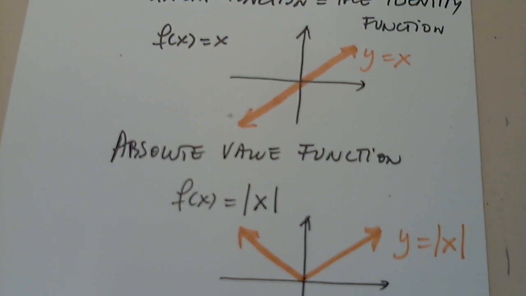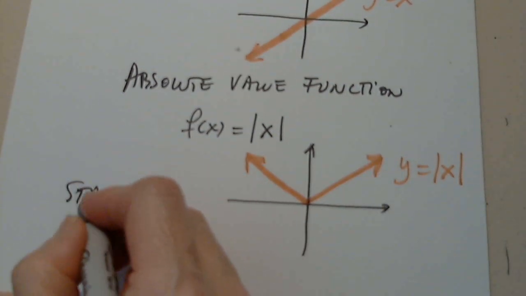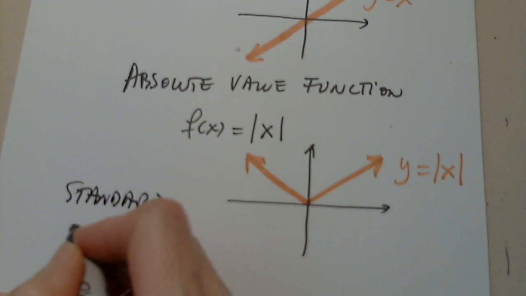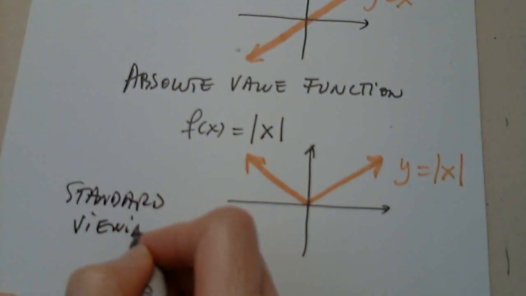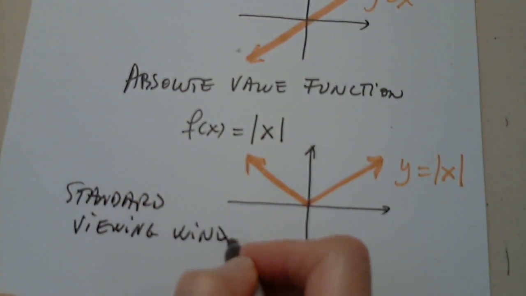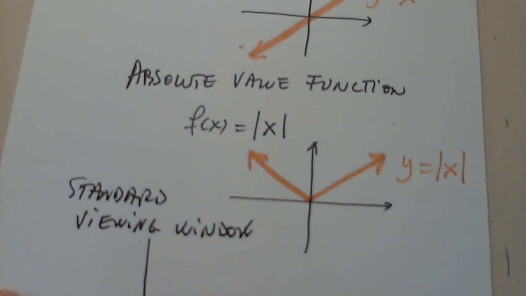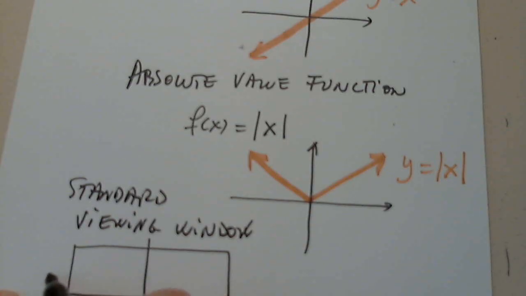Now, let me explain a few other things here. When you click on zoom, you see number 6. Number 6 is Z standard. The Z standard means the standard viewing window. What does it mean, the standard viewing window, in the graphing calculator, of course?